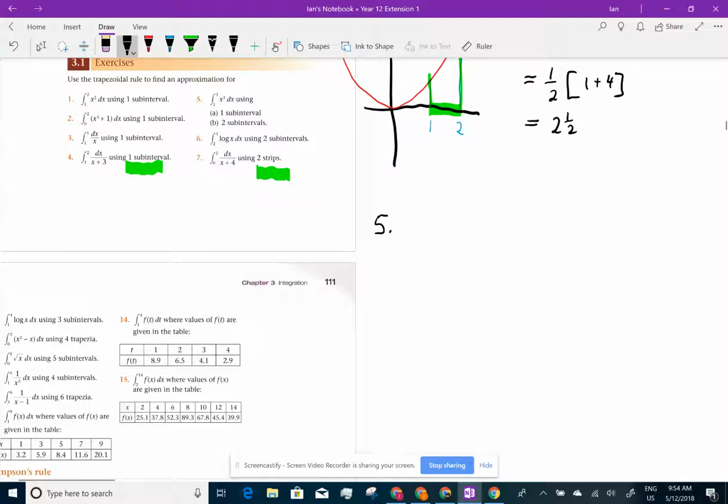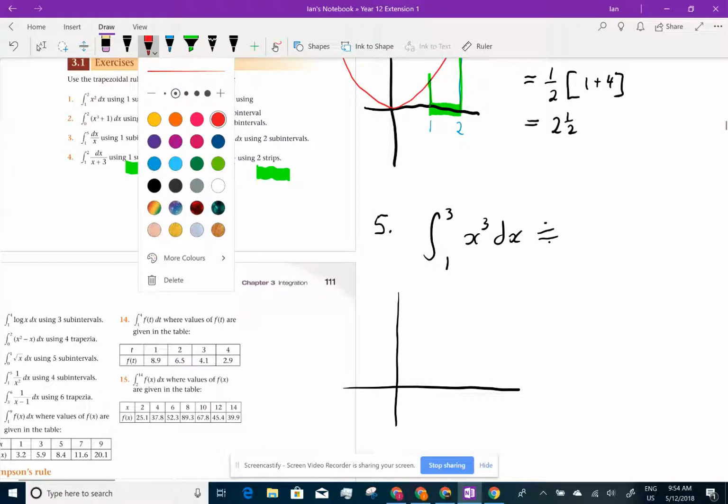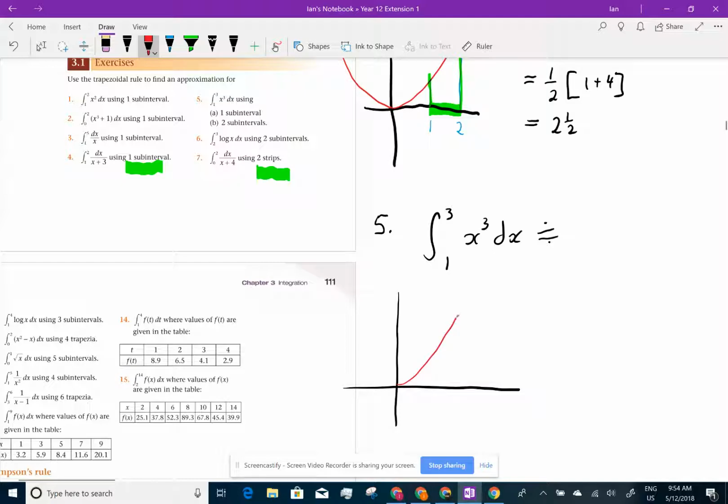So again, I've got to find the area between 3 and 1, x cubed dx, using the trapezoidal rule. But in a, I've got to use one subinterval. So first I'm going to draw it. Remember, it looks like that.